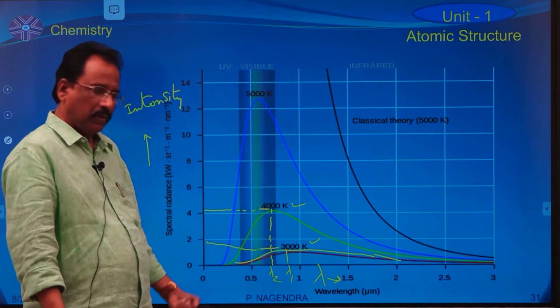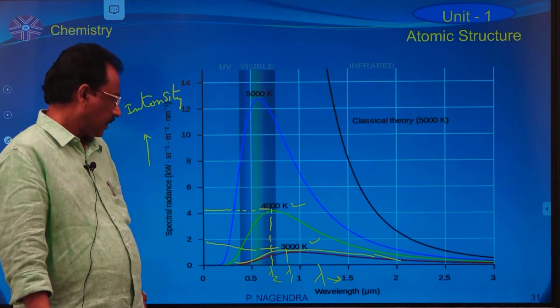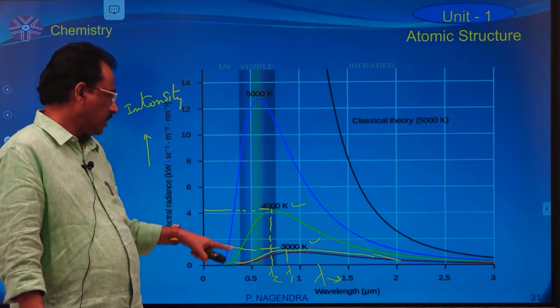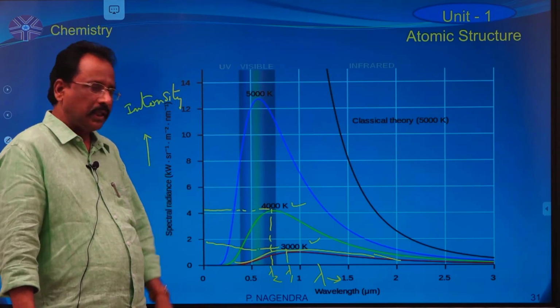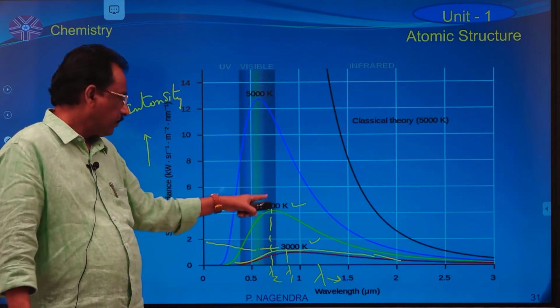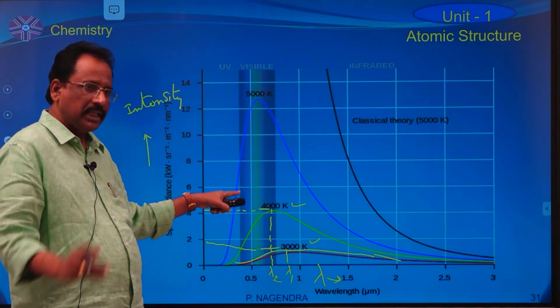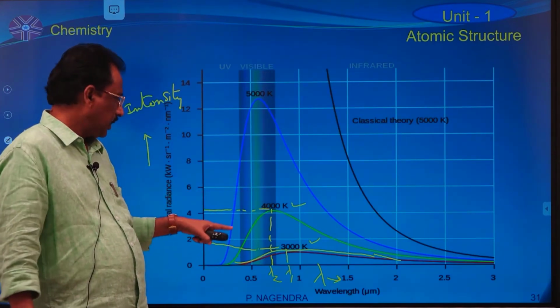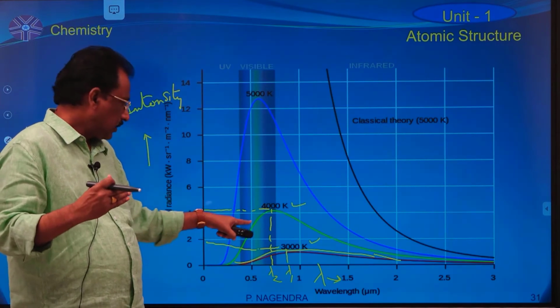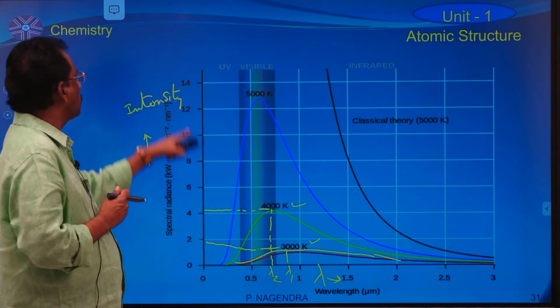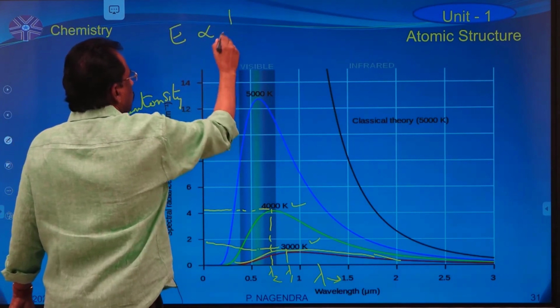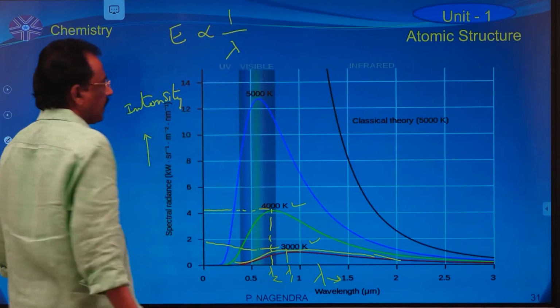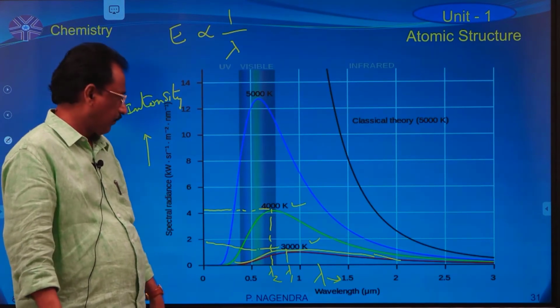At the beginning, the wavelength value is less. So in the second case, the maximum intensity shifted towards shorter wavelengths. That means at shorter wavelengths the energy of the radiation is more.